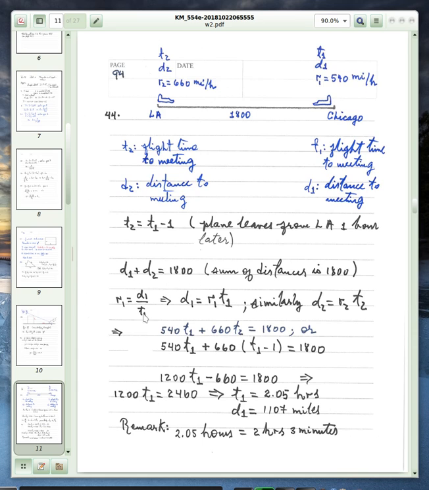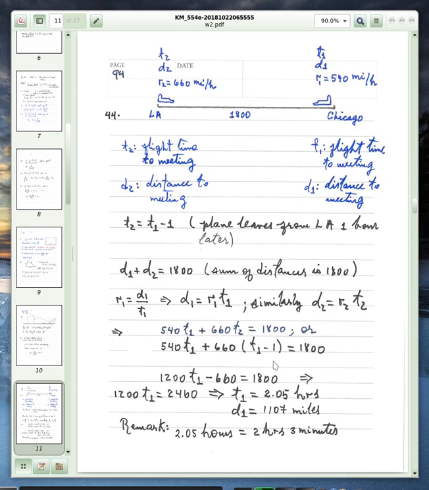We remember that the second time equals the first time minus 1, so I replace t sub 2 with t sub 1 minus 1. Now, as you can see, we have only one equation that has only one variable, the first time.